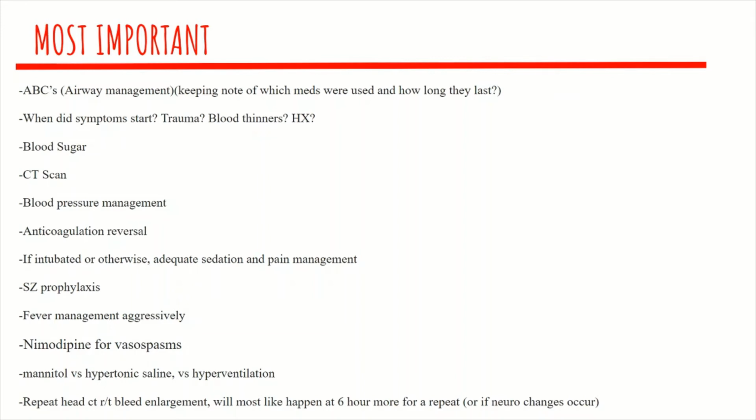However, this is only going to be a band-aid, just to give the team time to figure out what they are going to do, whether it's going to surgery or thinking of something else. So mannitol and hypertonic saline come with their own side effects that you need to be watching out for, like renal failure, volume overload, pulmonary edema. But at this point, you're just trying to save their brain, so you do what you can. If you're unable to control the ICP, then as we've talked about earlier in the video, brain death is almost imminent.